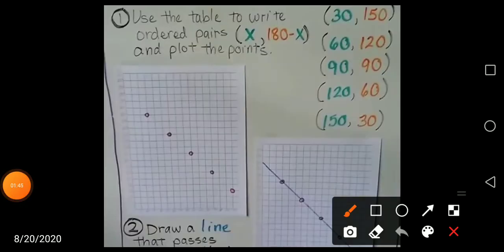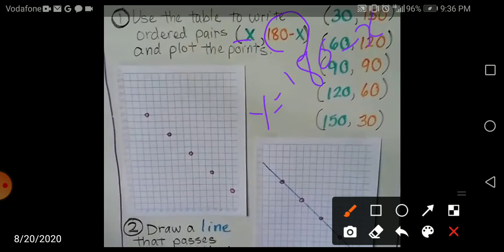Now use the table to write ordered pairs: x, and here 180 minus x is for y. And plot the points. Remember, y equals 180 minus x.